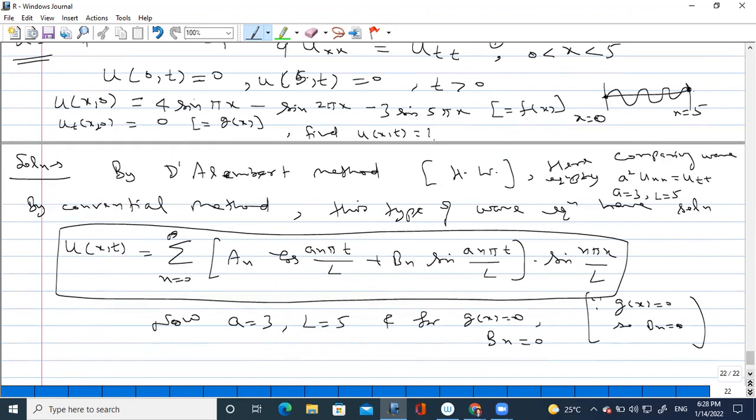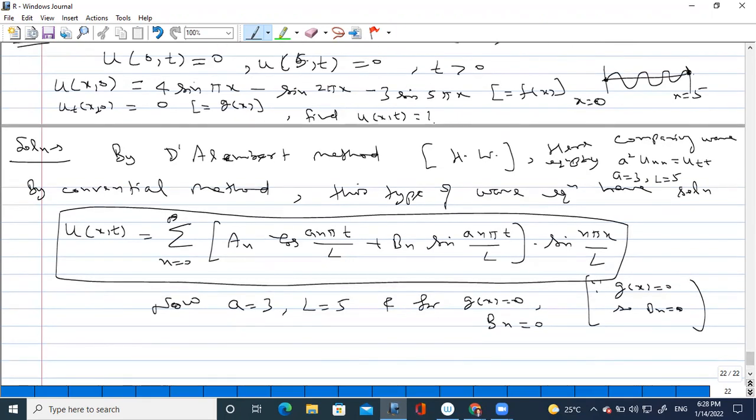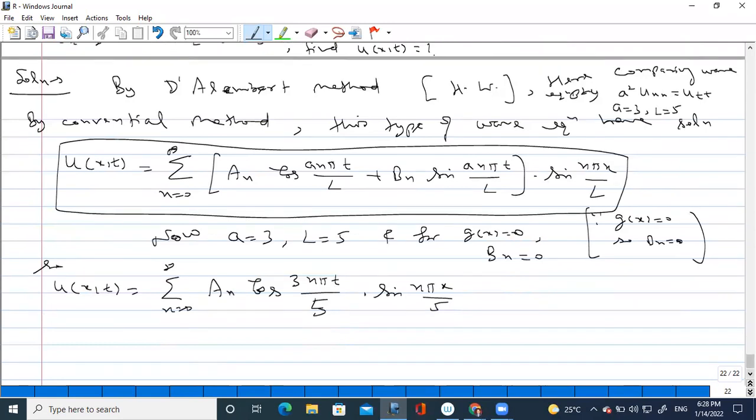So my equation will be: uxt will be summation n equal to 0 to infinity an cos(3n pi t by 5) into sin(n pi x by 5). Okay, so I am going towards the answer.